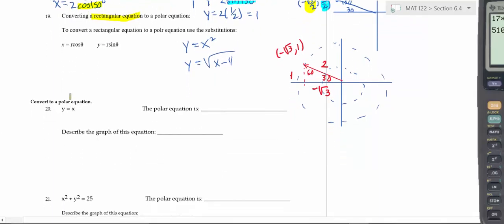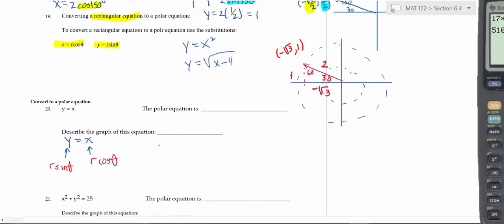The key thing is these substitutions right here. One of the things we're going to do as we go through these problems is, we have y equals x, and if we're going to change this to polar, it's actually very easy. We do two very simple substitutions. Where we see x, we replace that with r cosine theta. Where we see y, we replace that with r sine theta.